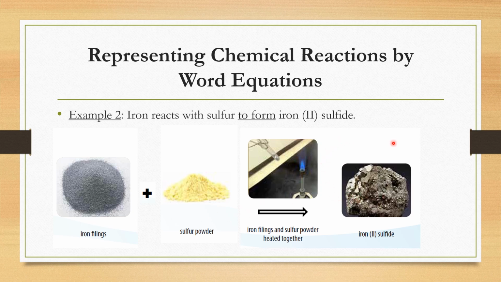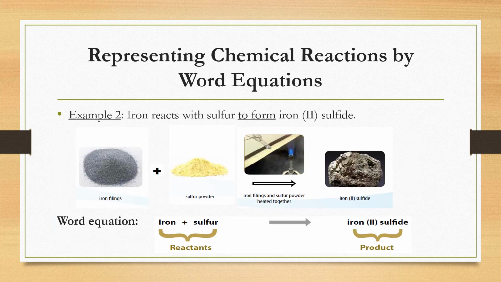Iron 2 sulfide is the new substance formed, therefore it is the product and is placed on the right side of the arrow. Thus, the word equation for the reaction is iron plus sulfur gives iron 2 sulfide.